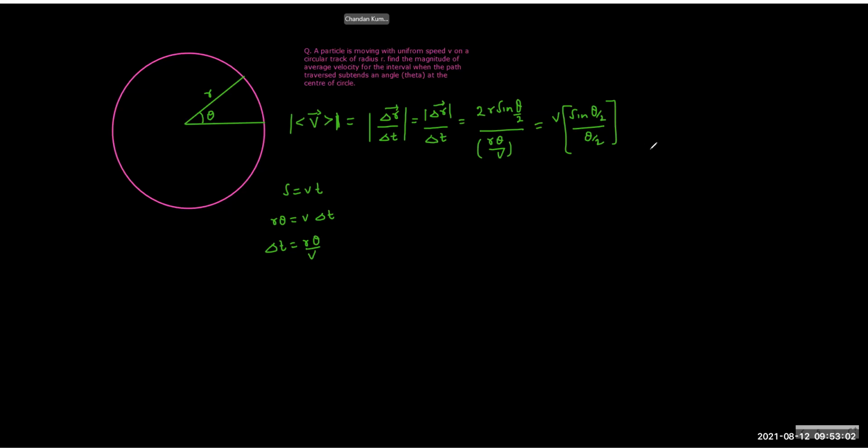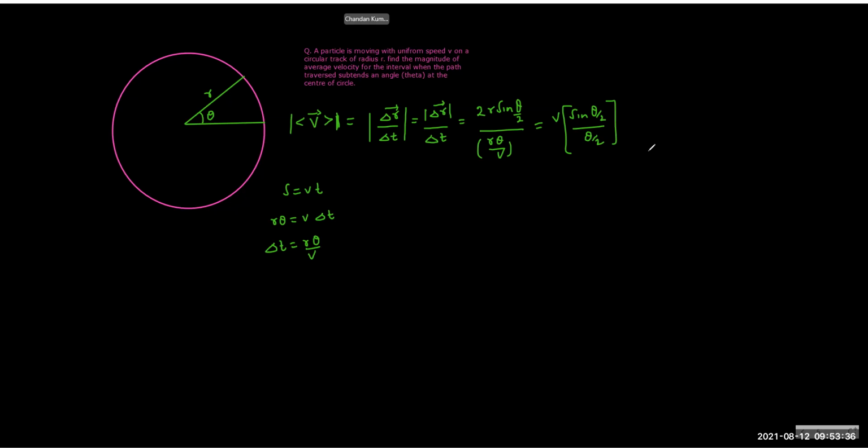So theta in the denominator is in radian. The displacement would be r and the time would be the same r theta.